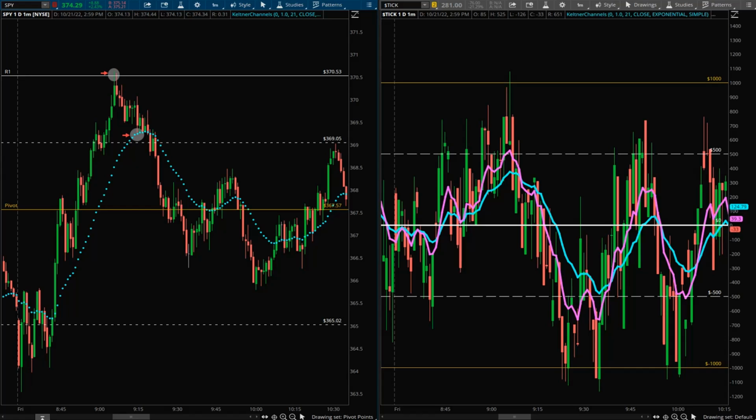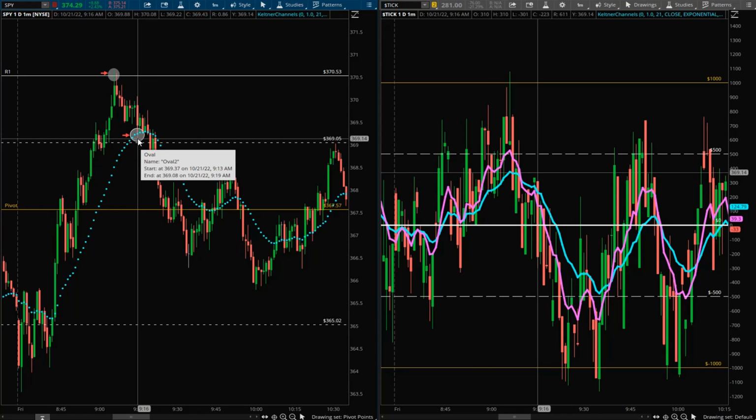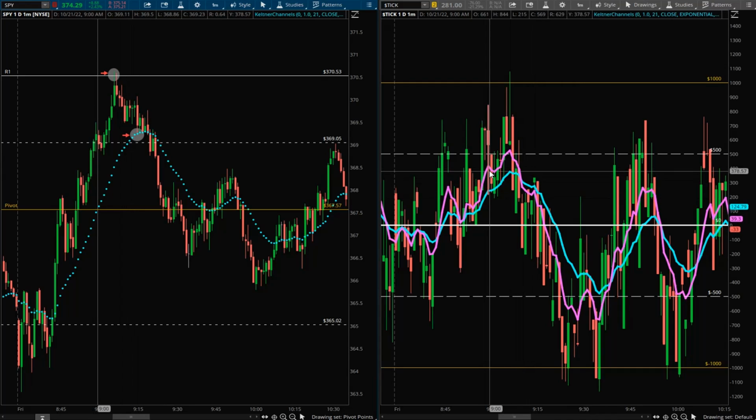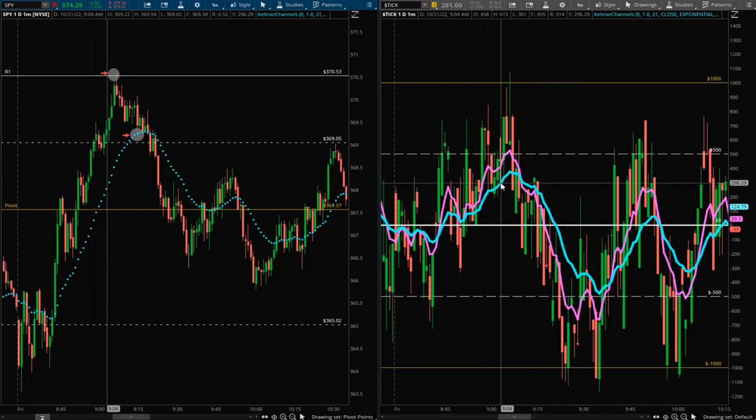But looking back now, there are a few things I should have done differently. Yes, I should have scaled out some of my trade here, but I should have kept runners, due to the fact that if we look at the ticks, I have this purple line, which is the 8 EMA, and this light blue line, which is the 21 EMA.